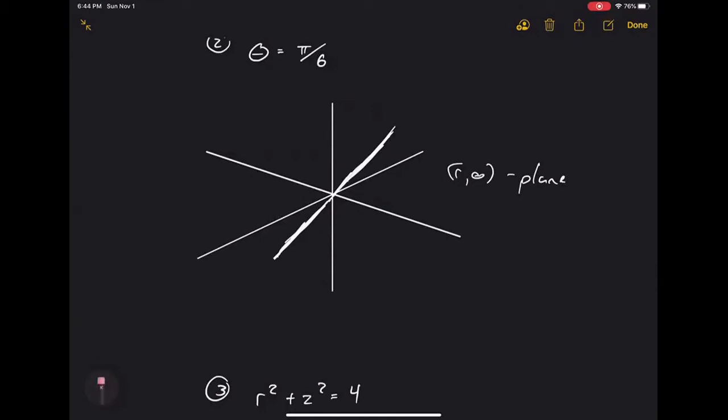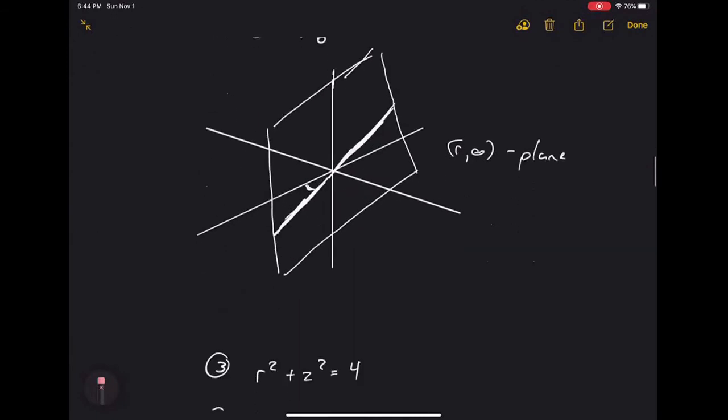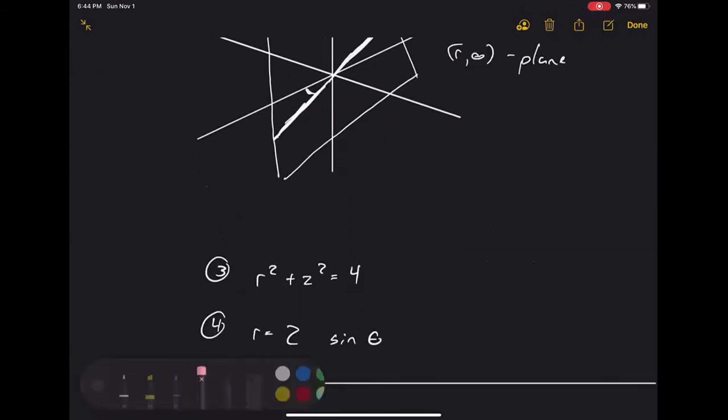So really what we end up with is a plane. A vertical plane that kind of makes this angle pi over 6 with the x-axis. Okay, and that's a bad drawing of it, but maybe you can piece together from my words what that is. Let's do a couple more.